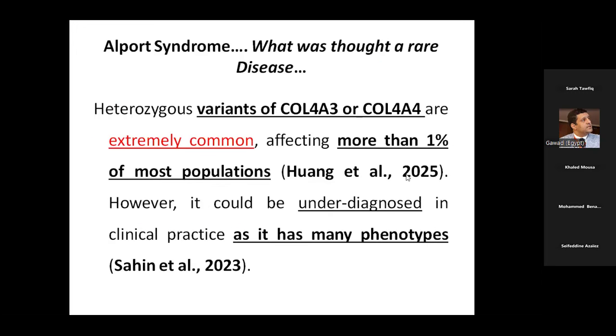And heterozygous variants of collagen 4 alpha chain 3 or 4 are extremely common, affecting more than 1% of most populations. However, it could be underdiagnosed clinically because it presents with many clinical phenotypes.